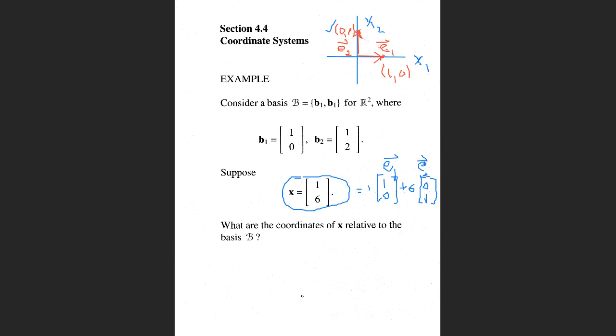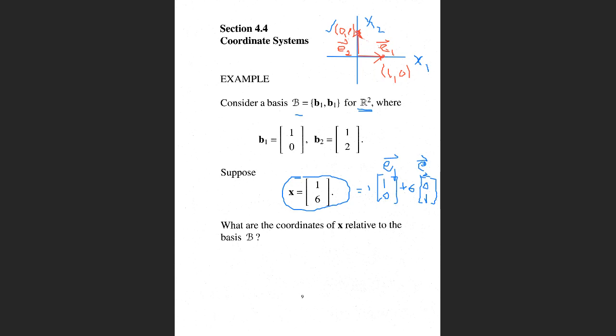So it's a very convenient basis for two-dimensional or three-dimensional or four-dimensional spaces. It's very convenient to use these unit vectors that fall along the axes. But sometimes you have applications where it's not always most convenient to use the standard basis, and you'll see an example of this pretty soon. But in this problem, let's suppose that we have a different basis for R2.